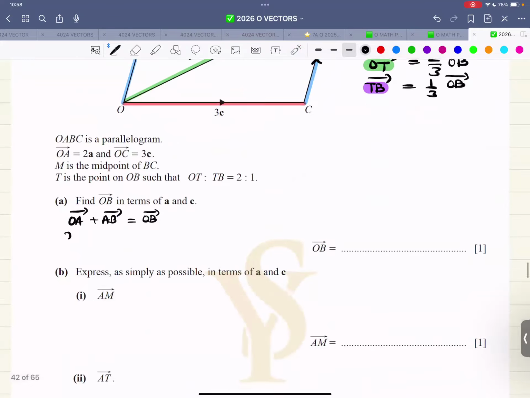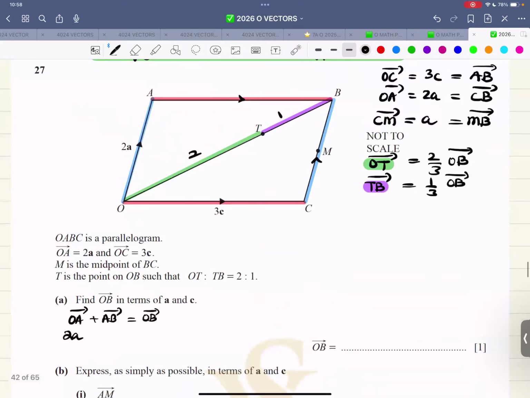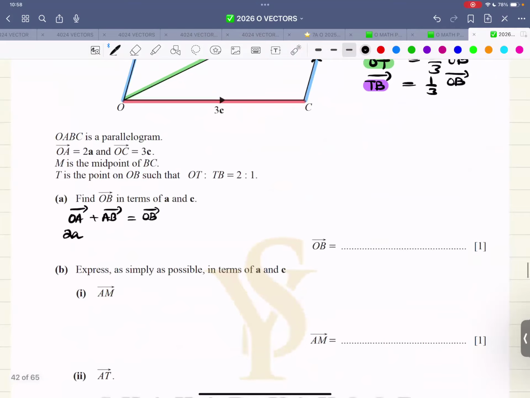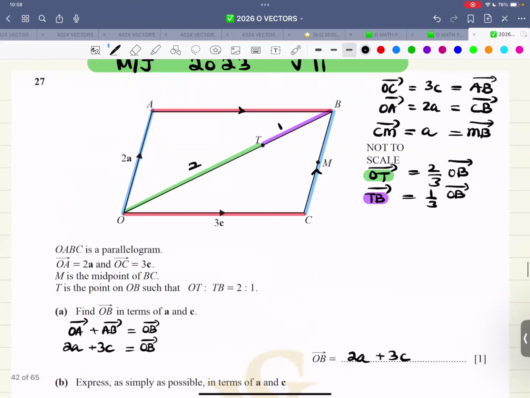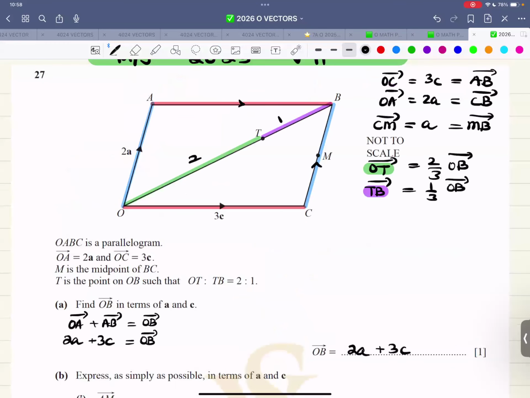OA is 2A, and AB is the same thing as OC, that is 3C. So that is the answer for the first part. Make a habit of writing here 2A plus 3C, 1 mark. Next: express as simply as possible in terms of A and C. What is AM? Now, how can I get AM?